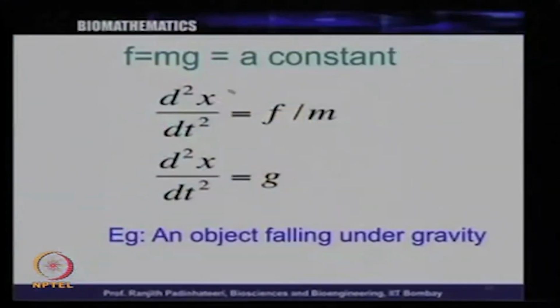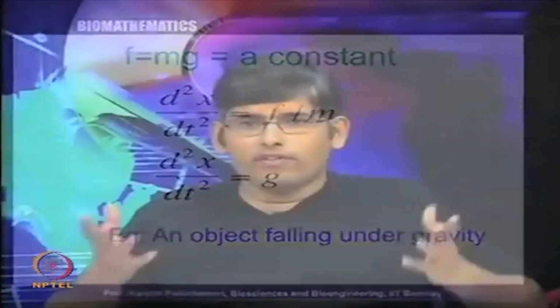If I say F is equal to mg, I get this equation, which is d square x by dt square equal to g, which is a simple equation, basically Newton's equation for an object falling under gravity, where g is acceleration due to gravity, which is a constant, 9.8 meter per second square.